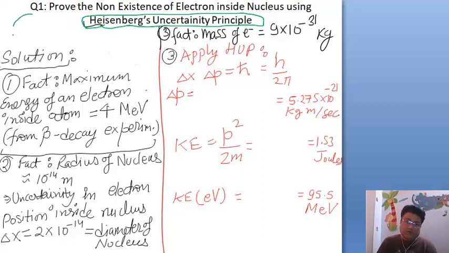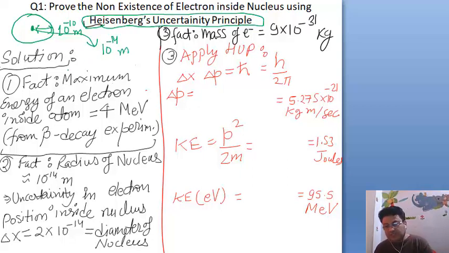So you know that when we consider an atom, we most of the time think of it as a spherical ball, and within this atom there is a nucleus. The typical dimension of an atom is 1 angstrom, that is 10 to the power minus 10 meters, and the dimension of nucleus is of the order of 10 to the power minus 14 meters.